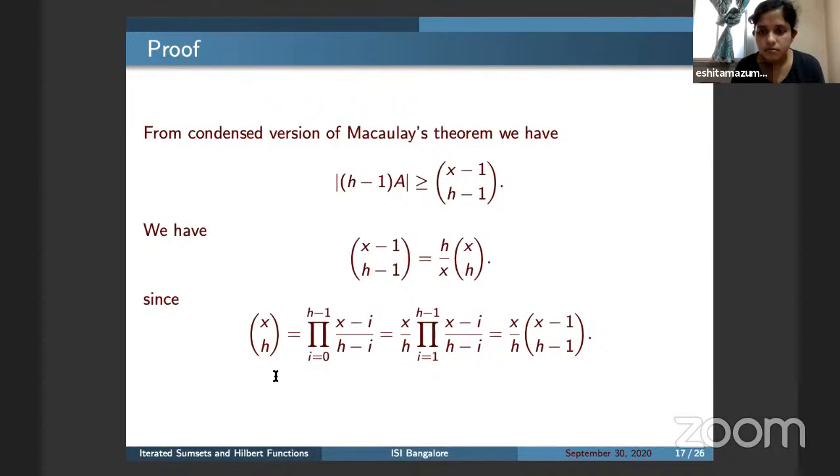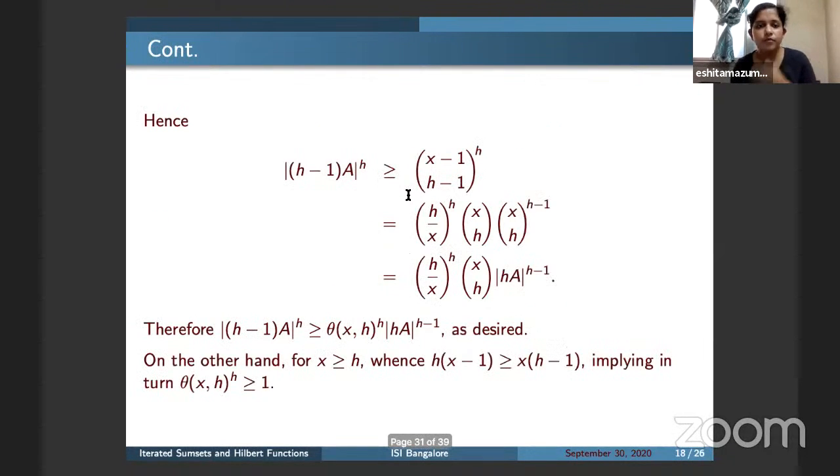Now, since we know that binomial coefficient of X choose H can be written in this form, by a simple calculation we can write this as H by X into binomial coefficient of X choose H. Now I'm raising the left hand side to the power H. So we will have that this is greater than or equal to this, and now replacing the previous value here, we will have this quantity.